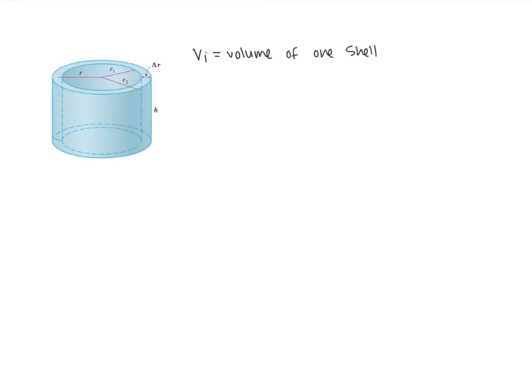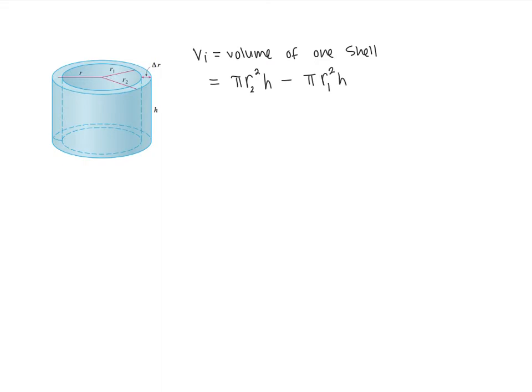One very boring doll. The volume of a cylinder is pi r squared h, so the volume of the outer cylinder will be pi r2 squared h, and the inner cylinder will have volume pi r1 squared h.